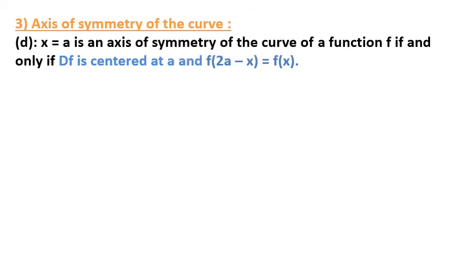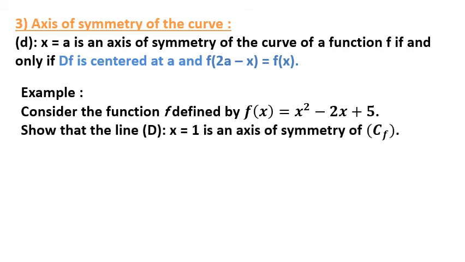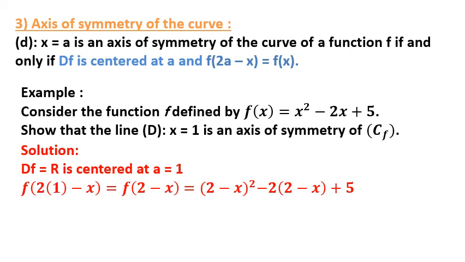Axis of symmetry of the curve. D, a straight line of equation x = a, is said to be an axis of symmetry of the curve of a function f if and only if the domain of f is centered at a and f(2a - x) = f(x). For example, consider the function f defined by f(x) = x^2 - 2x + 5. Show that the line D of equation x = 1 is an axis of symmetry of the curve Cf. First, we find the domain of f.